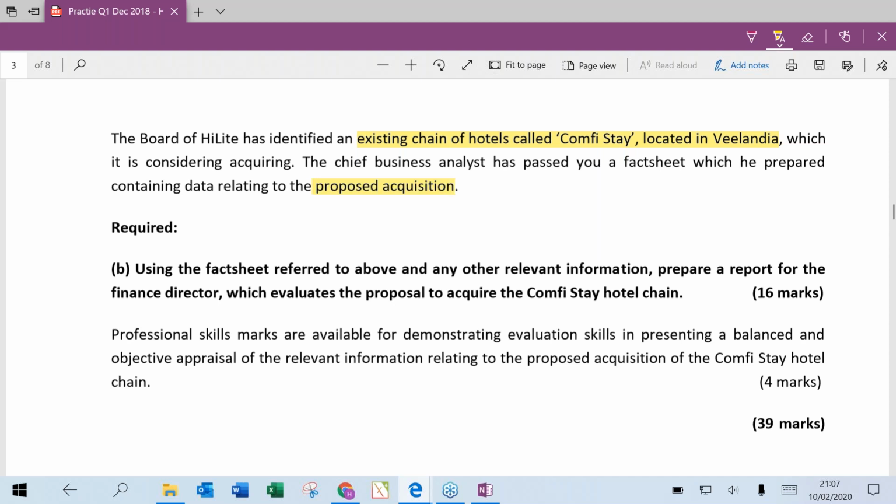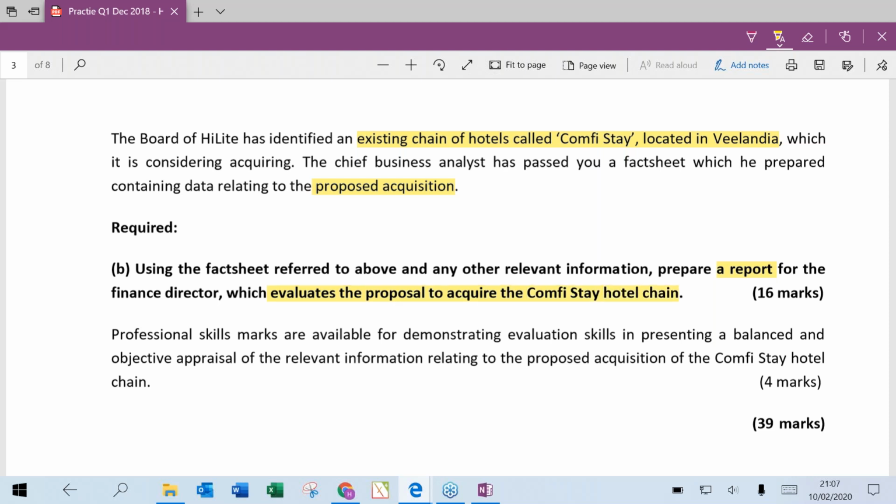Required: using the fact sheet referred above and any other relevant information, prepare a report for the finance director which evaluates the proposal to acquire the Comfy Stay hotel chain.